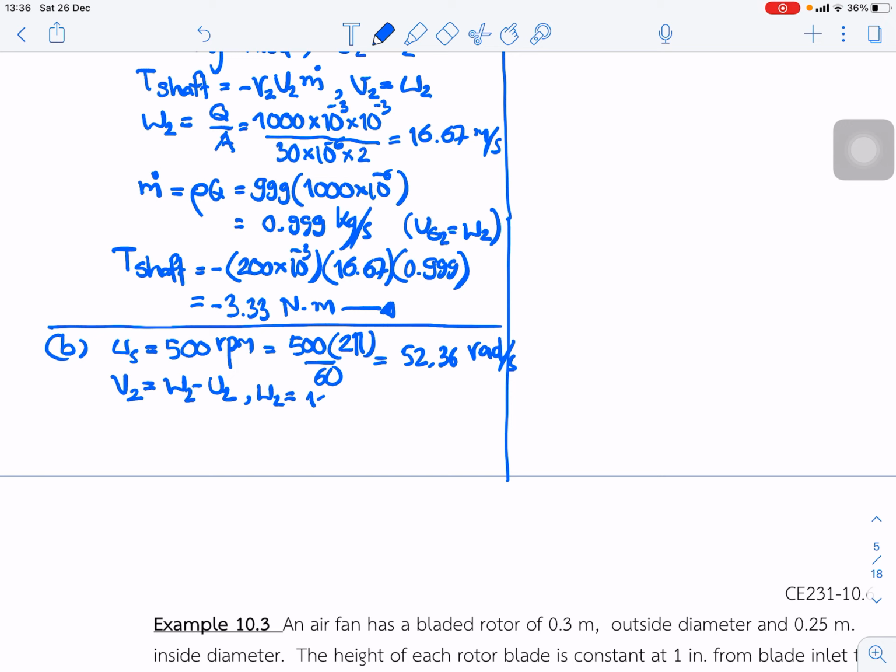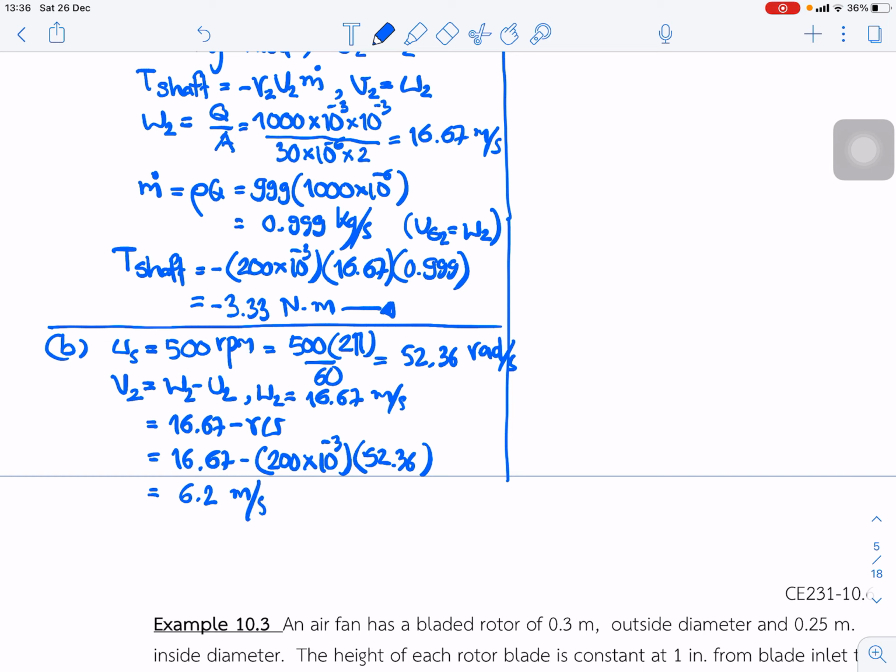W2 is equal to 16.7 from the previous calculation, and U2 is equal to R2 omega. Substituting the radius and omega of 52.36, we got V2 is 6.2.